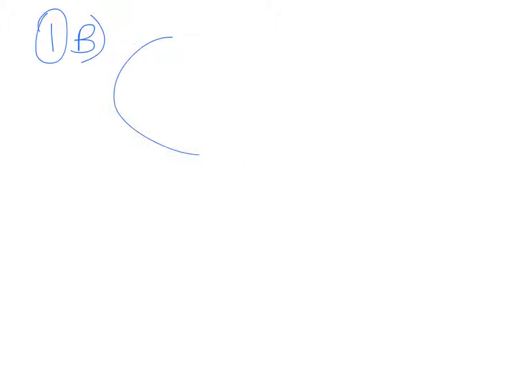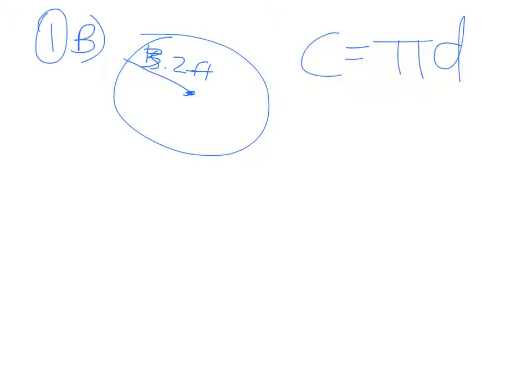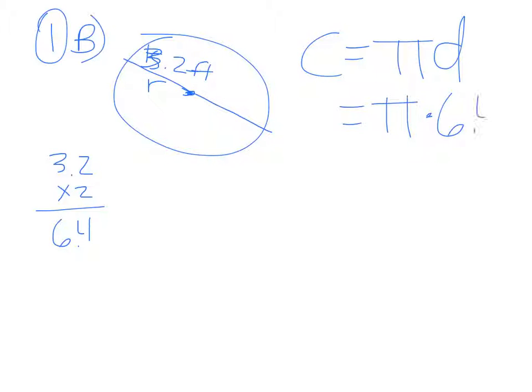Alright, 1B has, again, a radius of 3.2. This would be feet. So we use the formula C equals pi d. Well, if the radius is 3.2, then times it by 2 to get the diameter. 3.2 times 2 is 6.4. So this would be pi times 6.4.